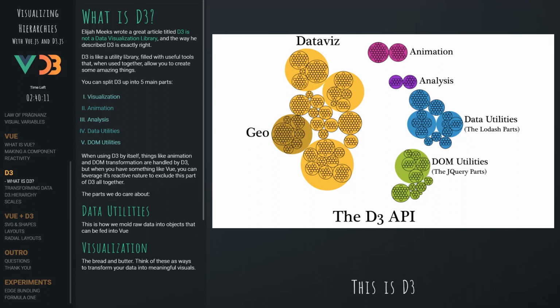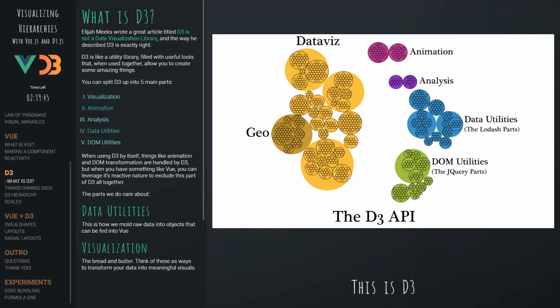So, think of D3 as 5 different things that you can do with visualizing data. There's the visualization part, obviously. And then there's animation, analysis, data utilities, and DOM utilities, right? Now, when using D3 by itself, things like animation and DOM transformation are handled by D3.